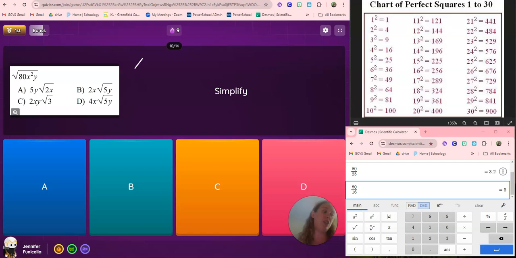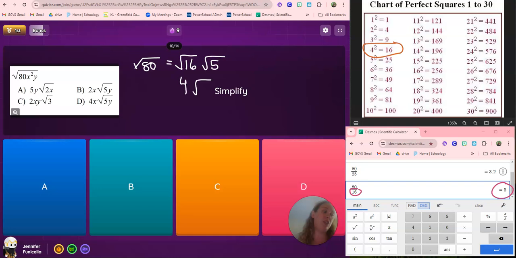So we can rewrite the square root of 80 as the square root of 16 times the square root of 5, because 16 times 5 gets us 80 when I divided. Well, the square root of 16, looking at our list over on the right, is 4. So this is 4 square root of 5.